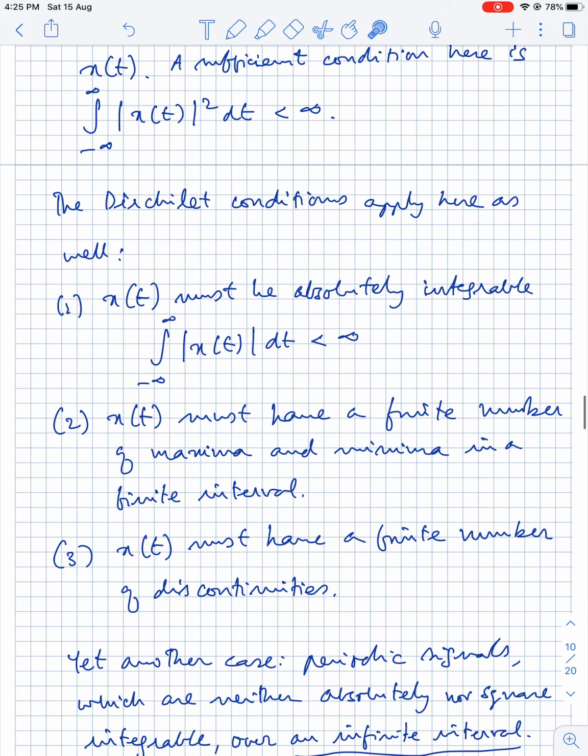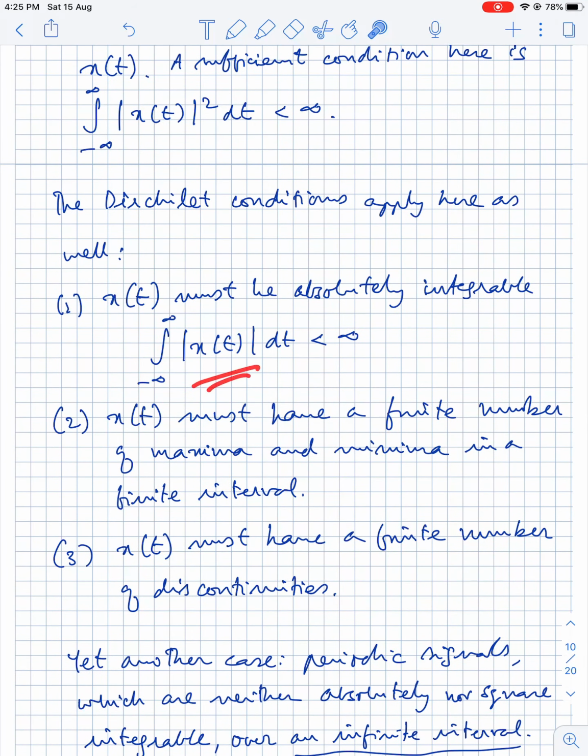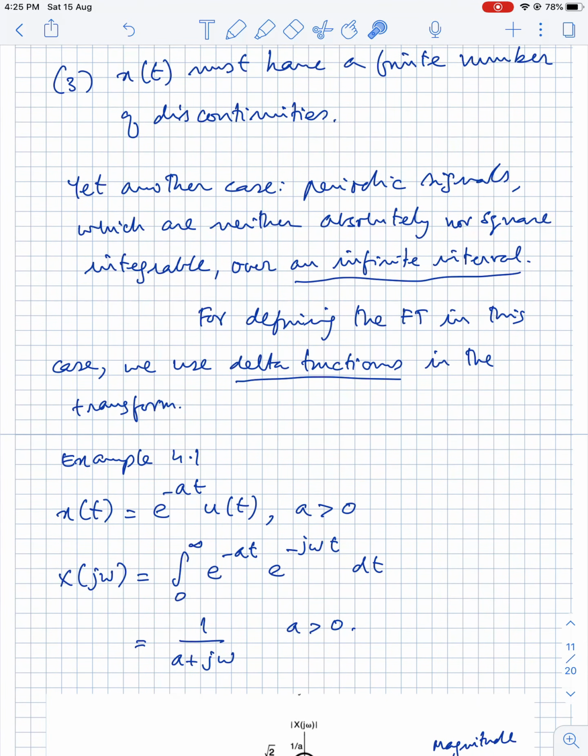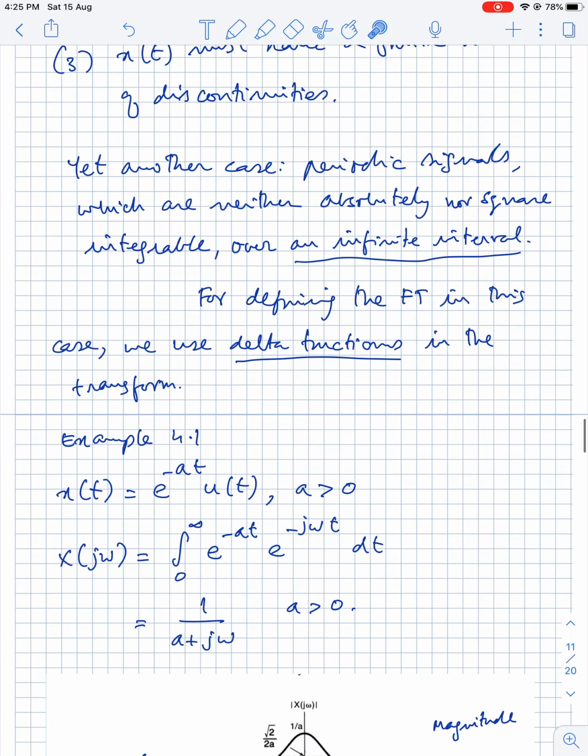We have to resort to some other way to represent it, because we want to have Fourier transforms for such signals also. For periodic signals over infinite time, we will use delta functions to represent the Fourier transform. We will see that later when we study it.